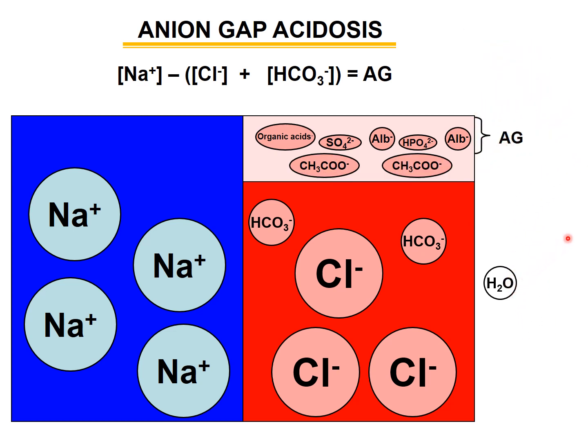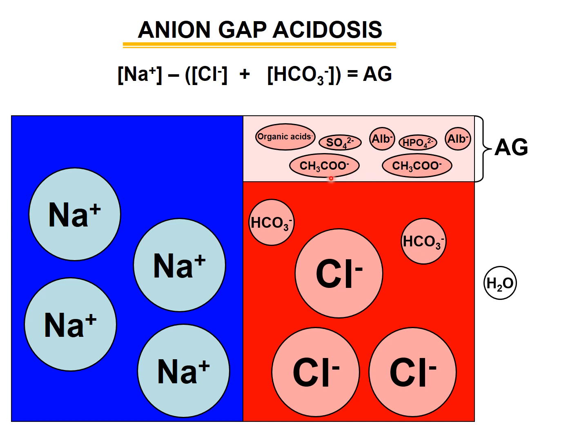The carbon dioxide is eliminated, and the lost bicarbonate, the negatively charged bicarbonate, is substituted by, for example, acetate in our case.